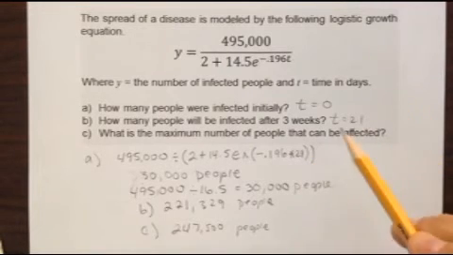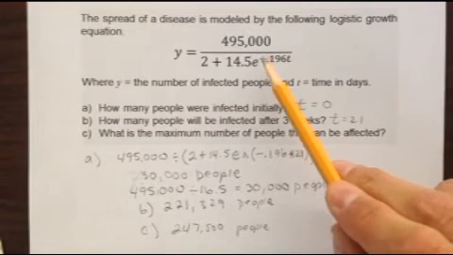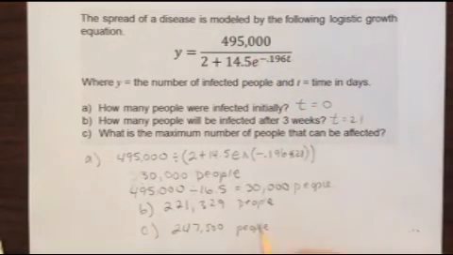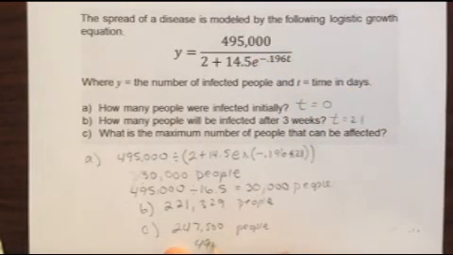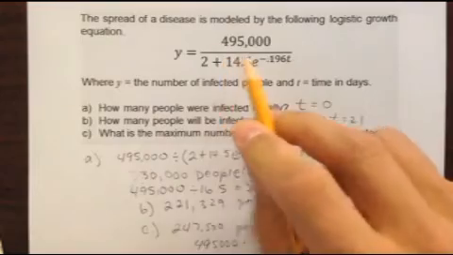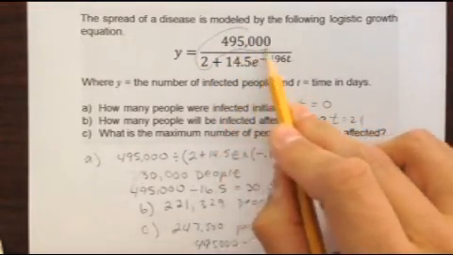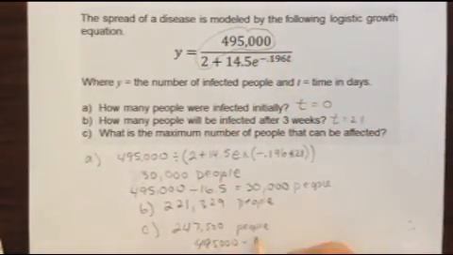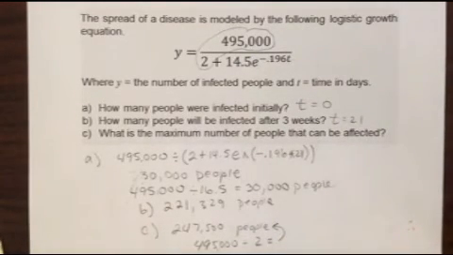We talked about that. You could also take, if you remember how this works, the top part here, the 495,000, and you can divide that by just this number here. We talked about this in class just today and yesterday too, divided by 2, and that'll also give you this same amount. So it's kind of a good double check. On the test, I suggest you do it both ways.